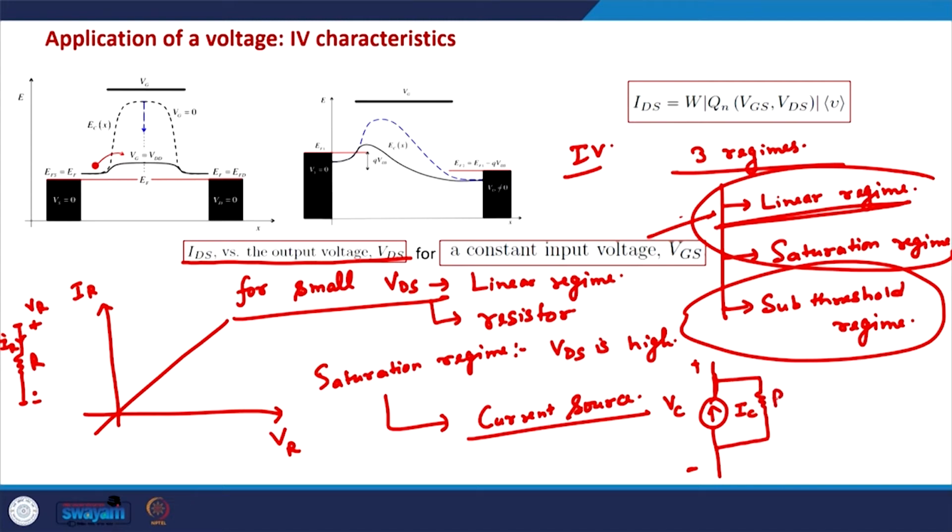This is the ideal current source, but most practical current sources can be approximated by this circuit, in which there is an ideal current source and there is a resistance in parallel to the current source. In that case, this voltage and the current have this kind of characteristics. Let me just plot it.